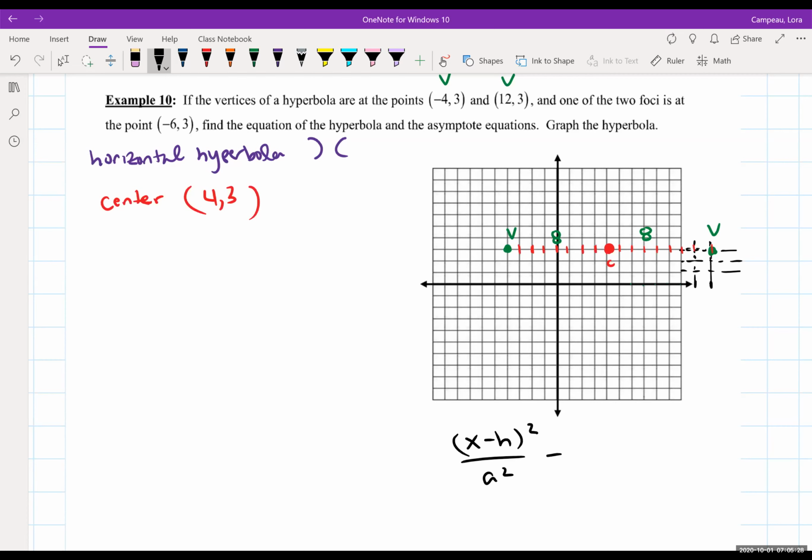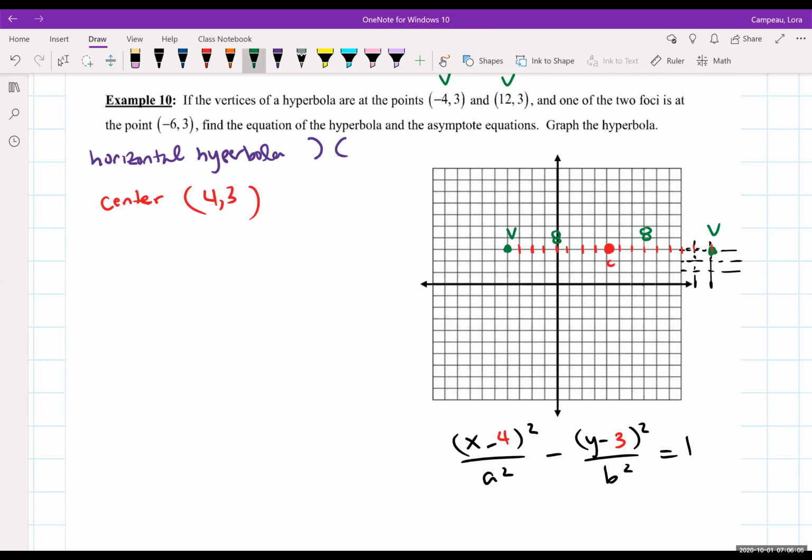So x minus h squared over a squared minus y minus k squared over b squared equals 1. Do not forget that. That's important. So now let's fill in h and k. That's going to be x minus 4 and y minus 3. Notice x always comes before y when you're naming this. We got that part of the equation down.